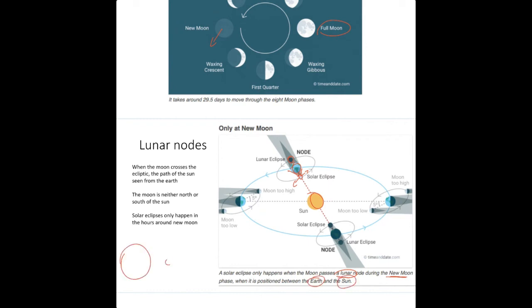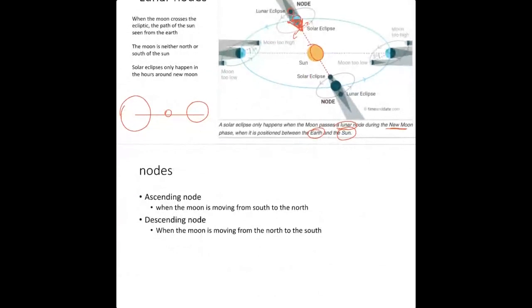You should have the sun, then the moon, and then the Earth, perfectly aligned, more or less, because there is a little bit of time before and after that the moon is in its node, and it's only then that you can get a total solar eclipse.